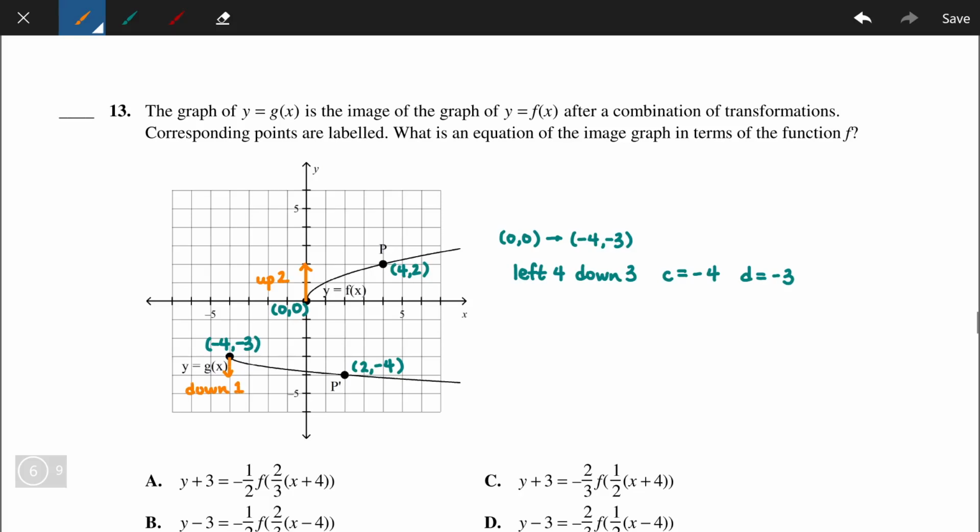Which means that there was a reflection in the x-axis because up becomes down, and also there was a vertical stretch by 1/2 because it was up 2 spaces, but now it's down 1 space, going from point to point.